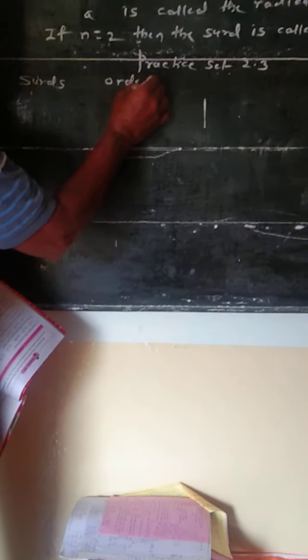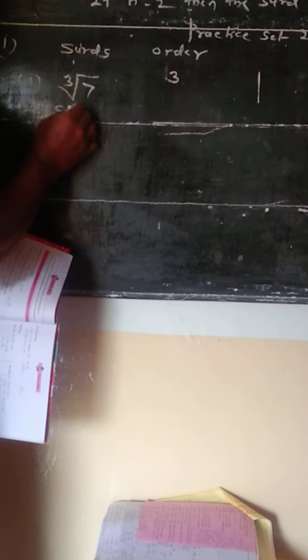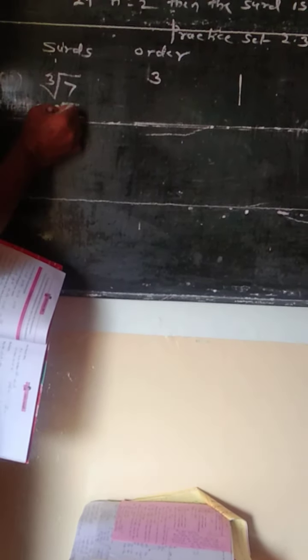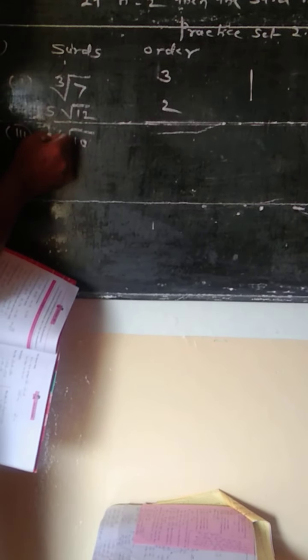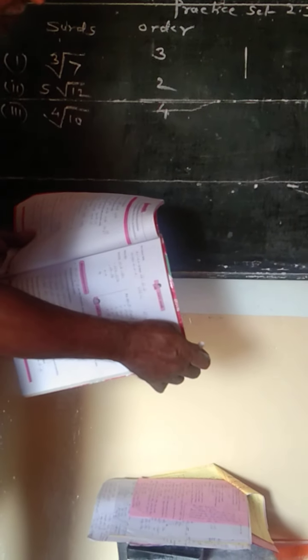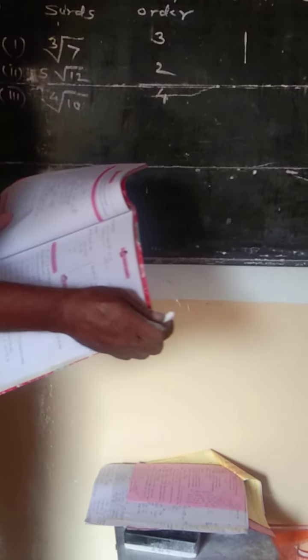The order of the surd is 3. Then second, square root 12. This 12 is the radicand, not the order, so here the order is 2. Then third, fourth root 10. So the order is 4. The remaining two you solve.